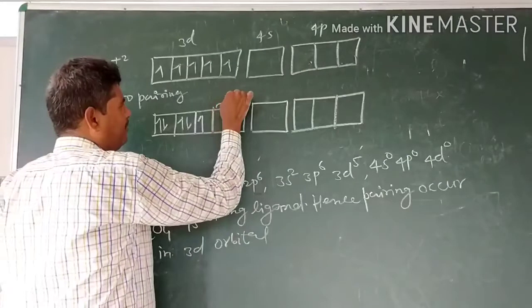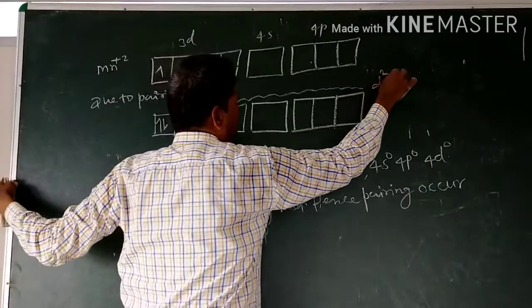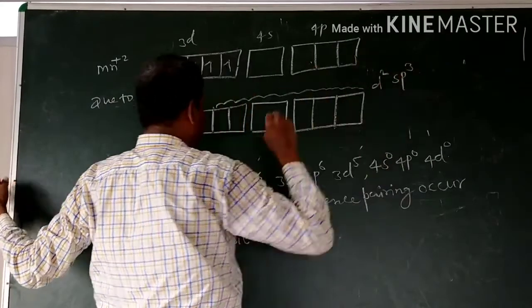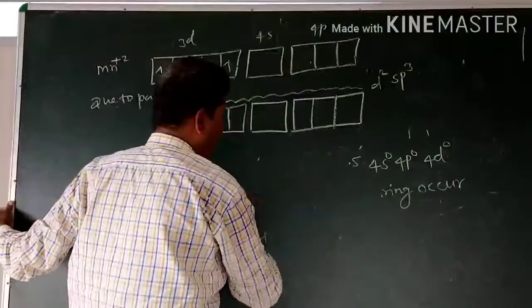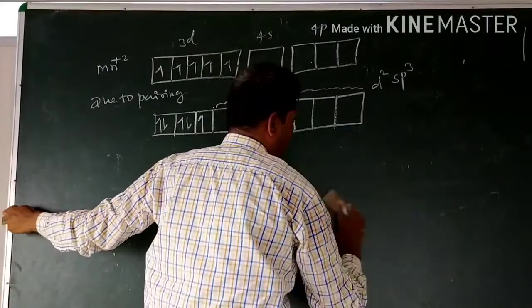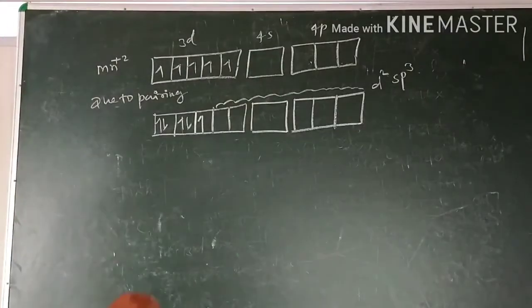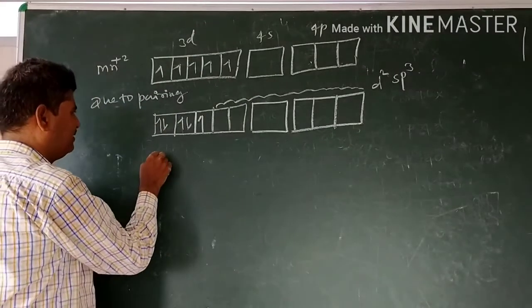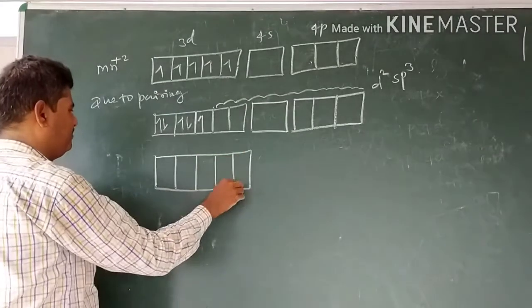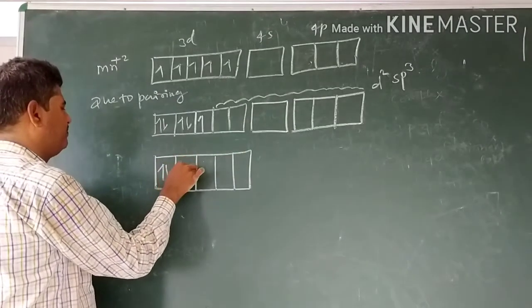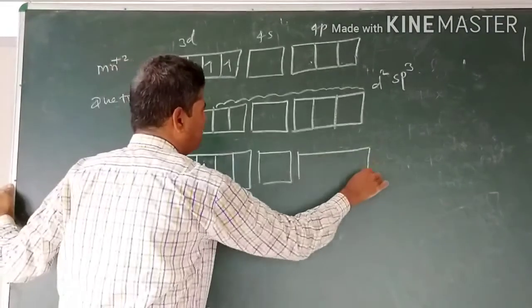Our hybridization will be d2sp3. Now the bonds will be set up: paired, unpaired, vacant hybrid.